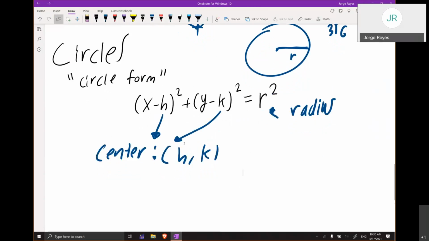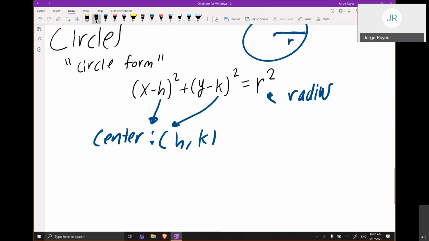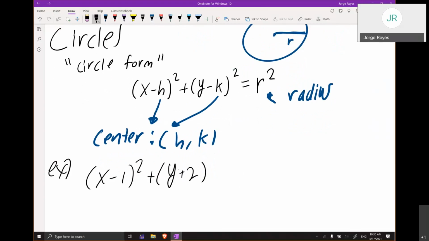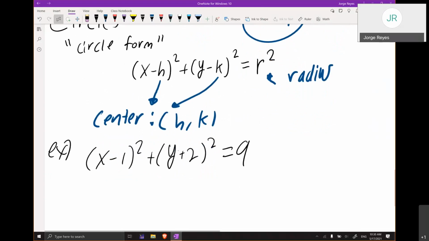Let's have an example: (x minus 1) squared plus (y plus 2) squared equals 9. From here, hopefully you'll notice that 9 is 3 squared, so the radius is 3.